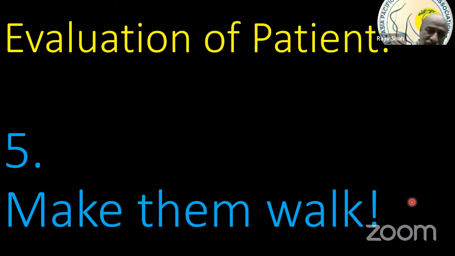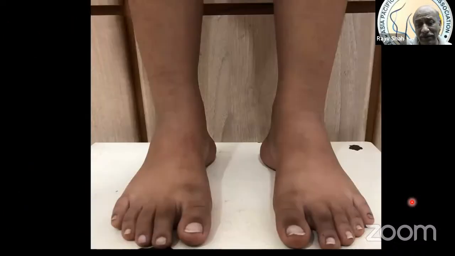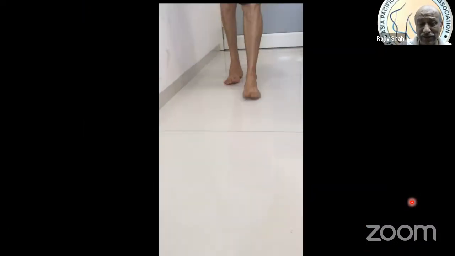Patients who have a problem of tibialis posterior tendonitis or synovitis or rupture may like to walk on the lateral border, and patients who have lateral ligament injury or lateral ligament insufficiency or cavus, cavovarus, would have a thrust while they walk. So look at this patient.